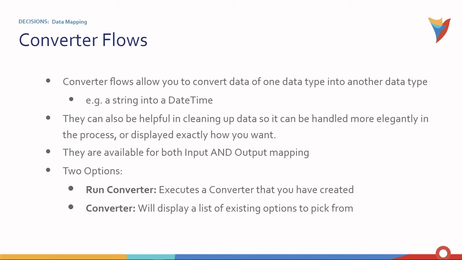So not only can you run that data through a converter as it's being input inside of the flow, we can also do that as it's going out of that particular step as well. And then you have two options, which is to run the converter, which is just going to execute a converter that you've created, and then the converter will display a list of existing options to pick from.